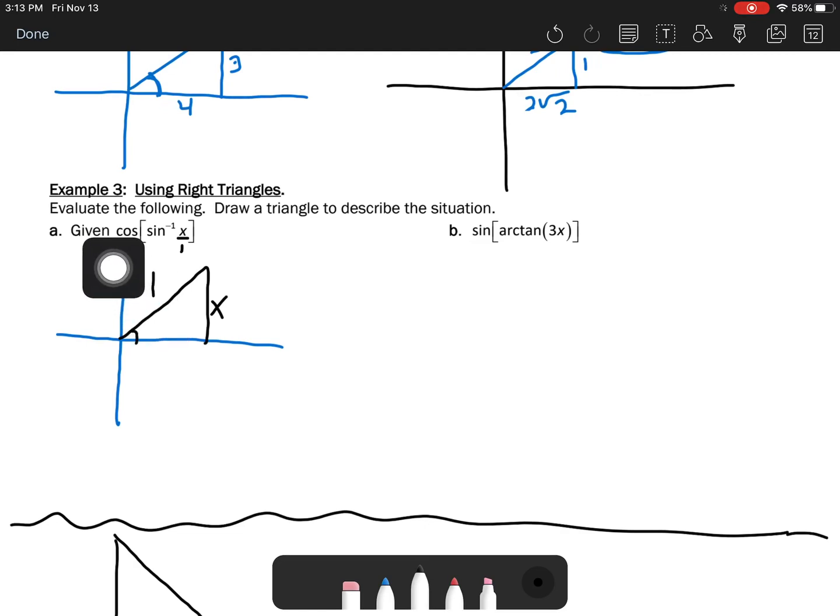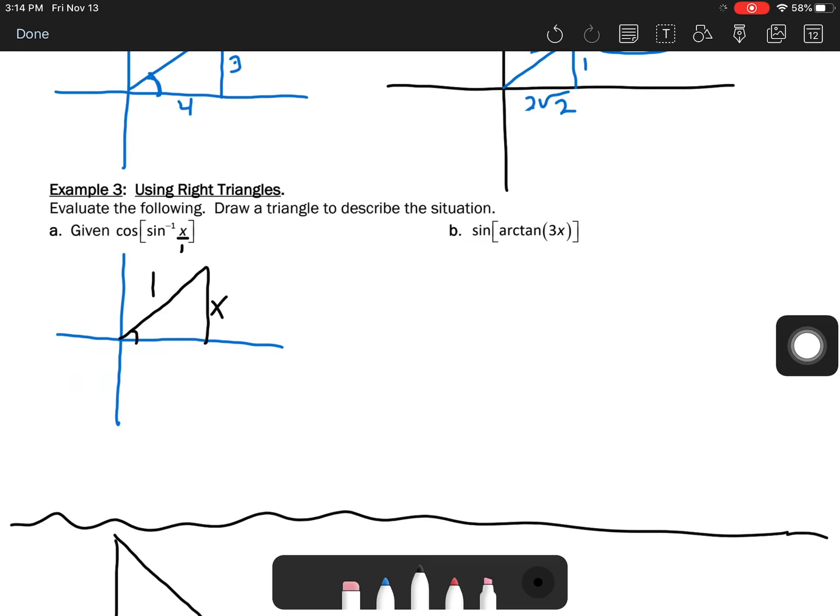Now, if I want to do the cosine of that same angle, I need to know this adjacent side. So if I'm going to do the Pythagorean theorem to figure that out, remember, I'd have to take hypotenuse squared minus leg squared, and then take the square root of that. That's how I would work that backwards. I'd have to take the 1 squared minus the leg squared and take a square root.